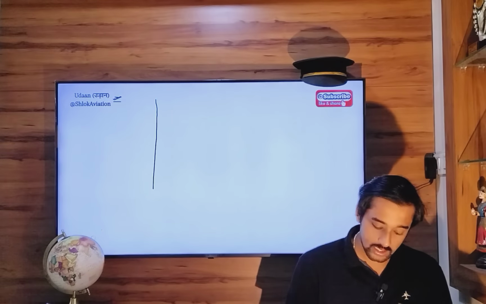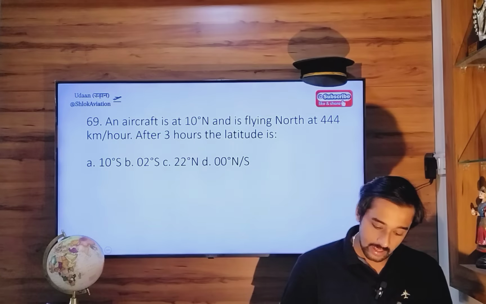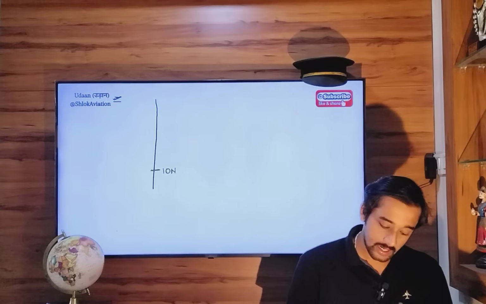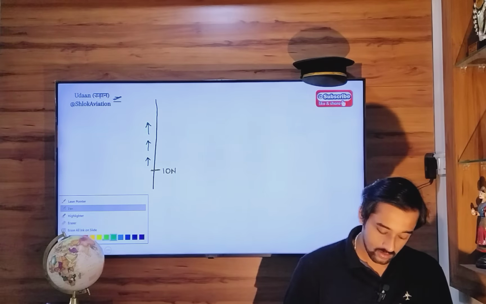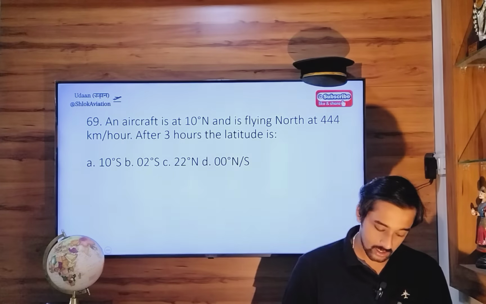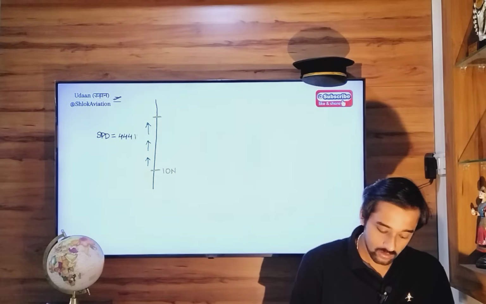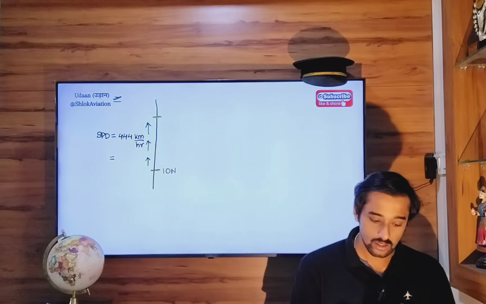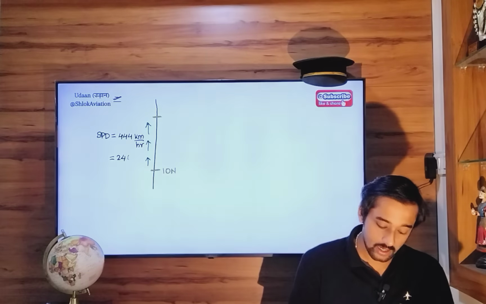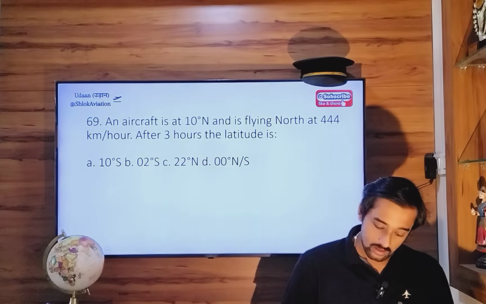Initial location is 10° north and it flies in the northerly direction at a speed of 444 kilometers per hour. That is equal to 240 knots and time is 3 hours.